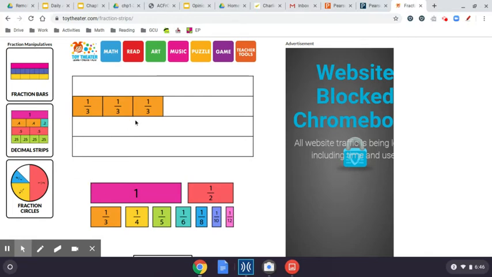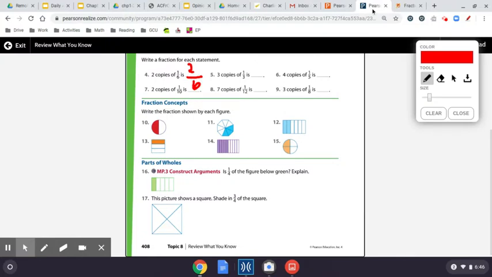I have three pieces of it, so I have 3 out of 3. That's 3/3. And you would do the same thing for all of them.